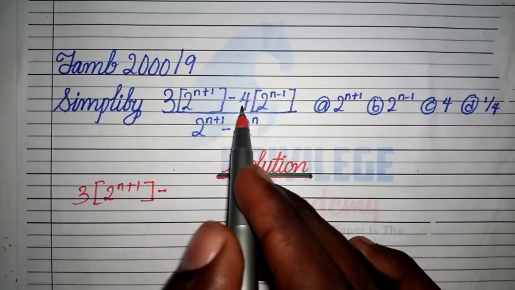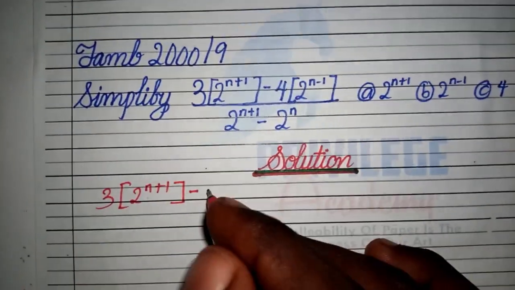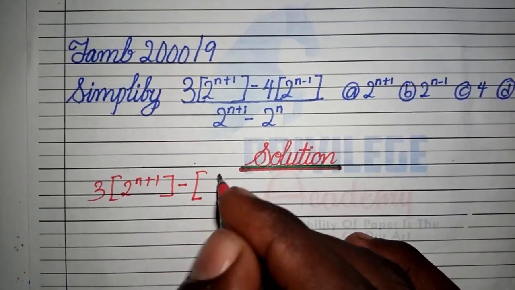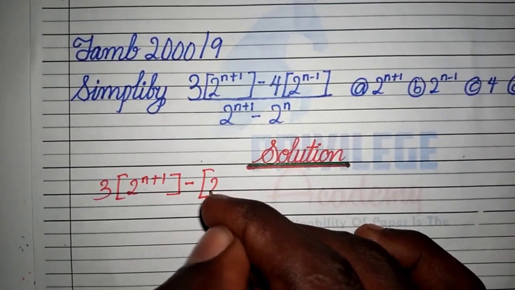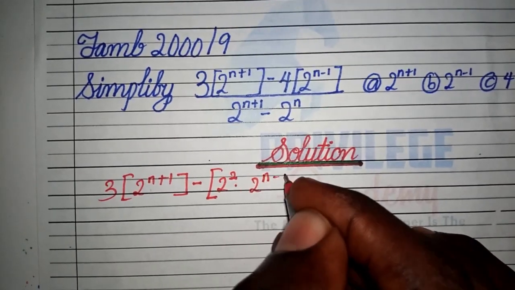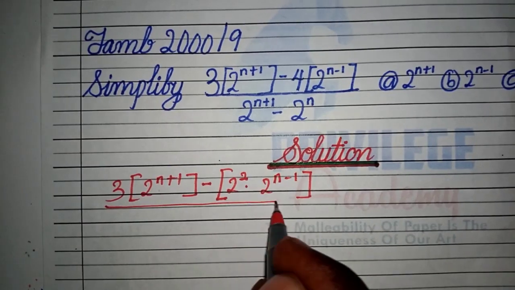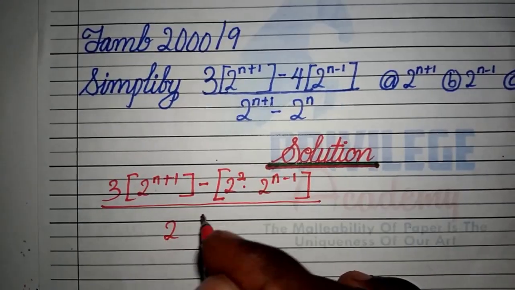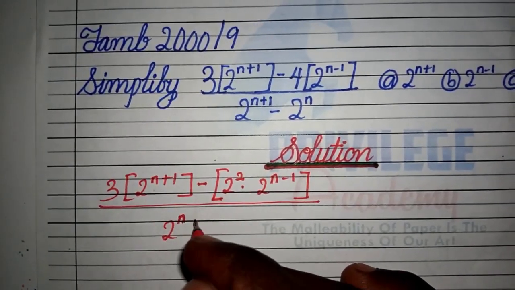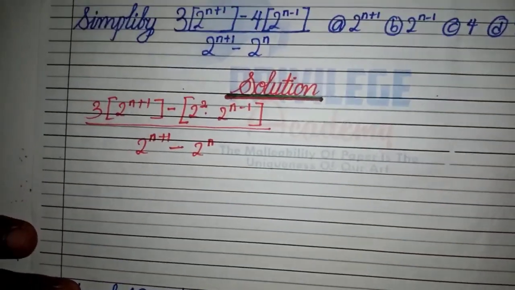minus, there is a common base between this and this. So this is simply 2 to power of 2 times 2 to power of n minus 1 divided by 2 to power of n plus 1 minus 2 to power of n.